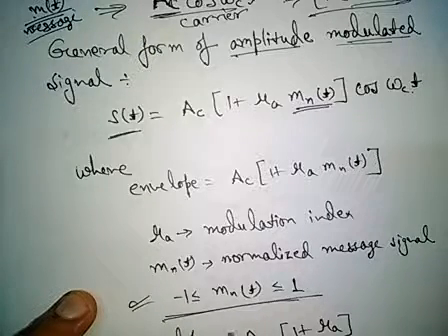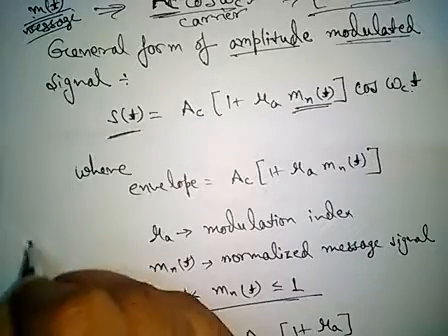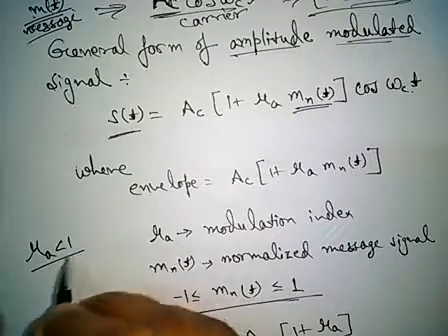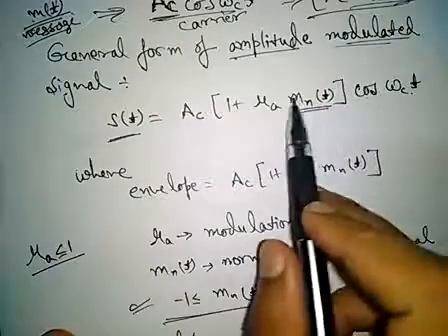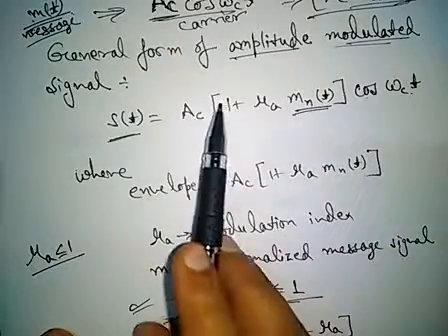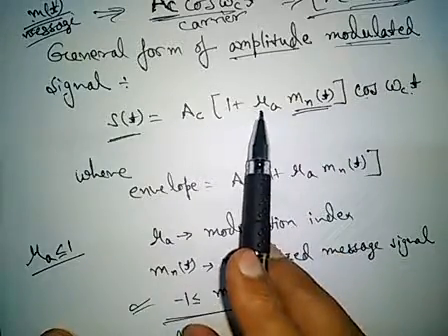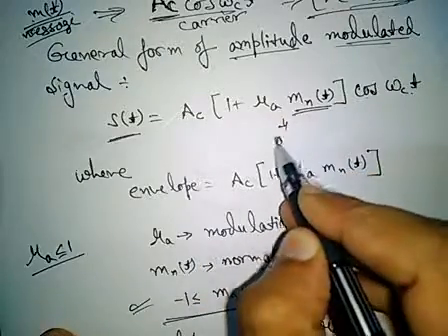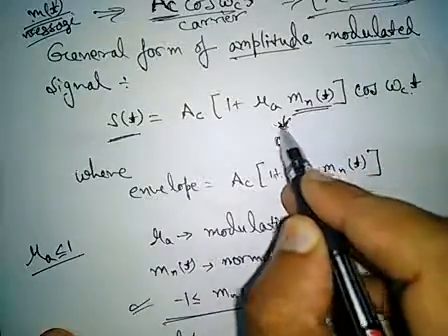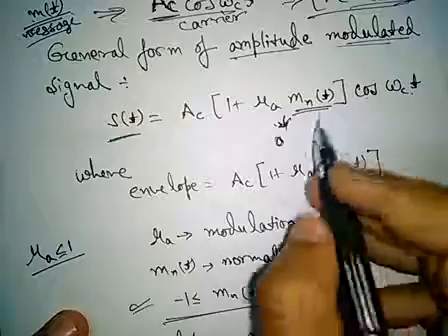Because the modulation index mu_a is less than or equal to 1, and m_n(t) is between -1 and +1, so 1 plus this value must always be greater than 0. The envelope must not be less than 0, otherwise it is called overmodulation.